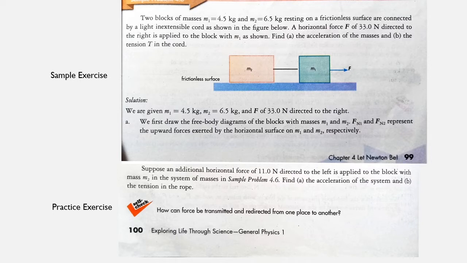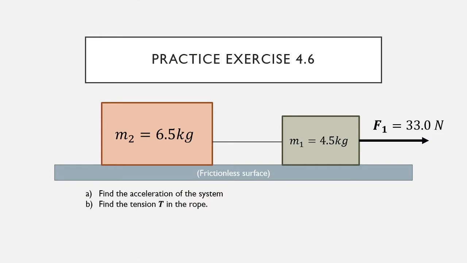If you want to read this whole problem, you can pause the video right here. Alright. So, for the practice exercise 4.6, meron na tayong mga given, yung dalawang mass, and then there's a force to the right, hinihila itong mass na ito, and then dinagdagan pa ng isa pang force number 2, 11 newtons to the left naman.